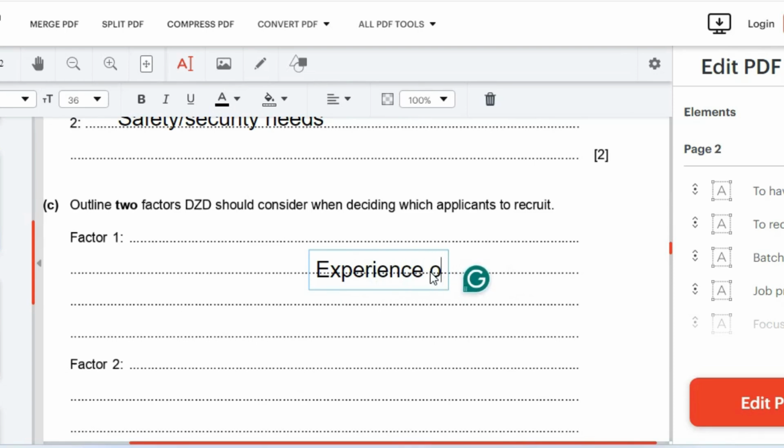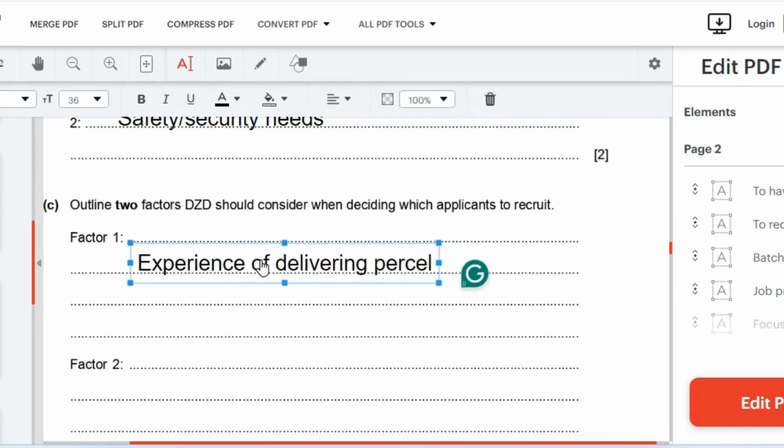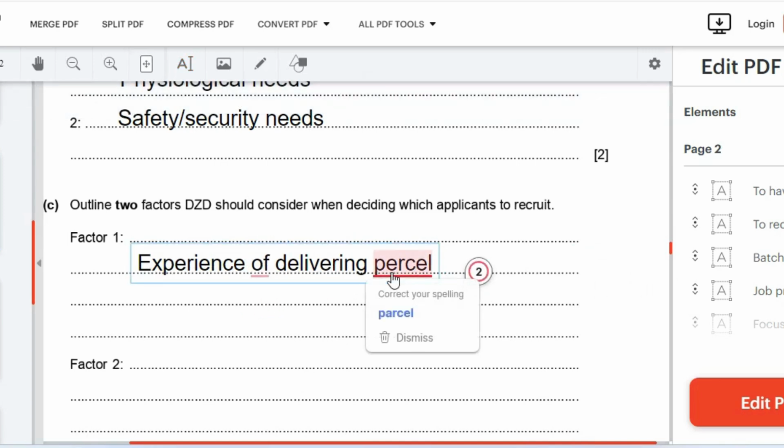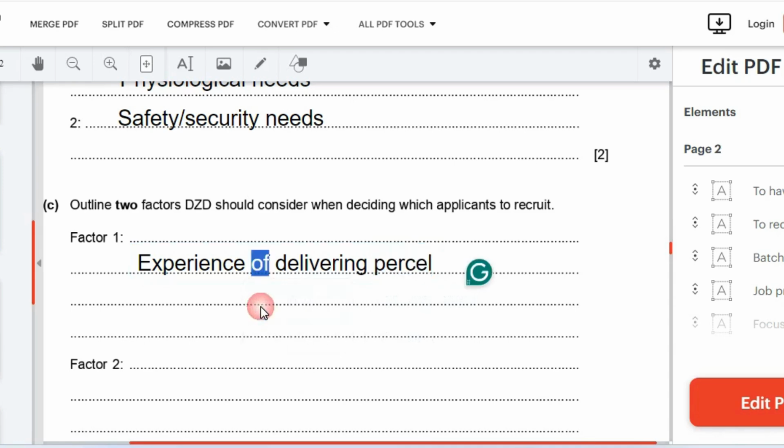Experience of delivering parcel. Don't forget, this is an application of the summary given to us in the question. Experience in delivering parcel.